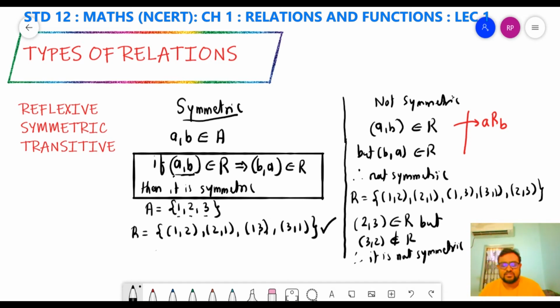Clear? So this is the other way. Either prove it is symmetric using the first way, or just find any one ordered pair that belongs to R and the reverse ordered pair does not belong to R. So it will not be symmetric. Clear? So just note it down about the symmetric relation.